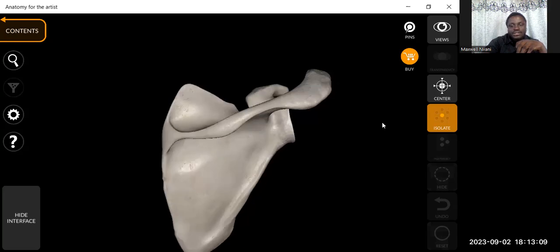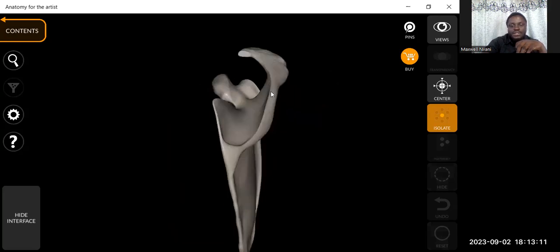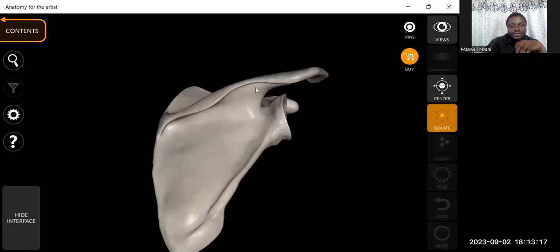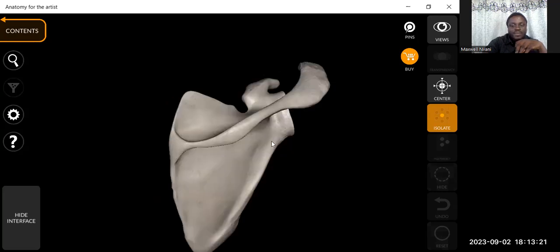You can see the orientation of the spinous process has an upper surface and a lower surface. This portion is called the crest of the spinous process, and it has the upper lip where my cursor is, and the lower lip right here.